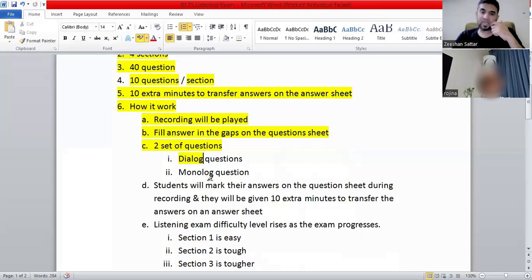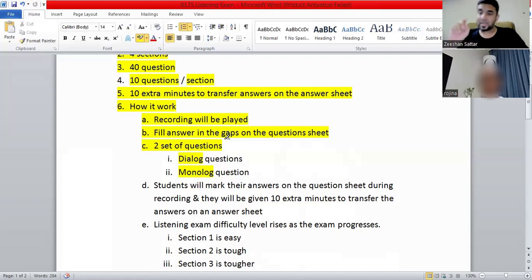Number two, the second type of questions that we find in the exam are known as the monologue questions. The monologue questions are the questions which contain one voice only. And that one voice contains every piece of information that a student requires in the exam room to answer the questions given in any section.